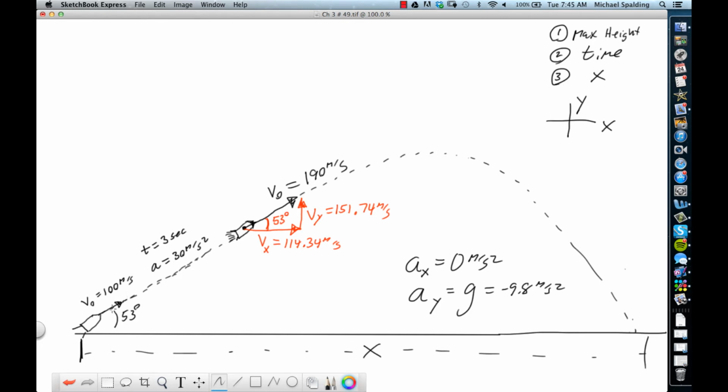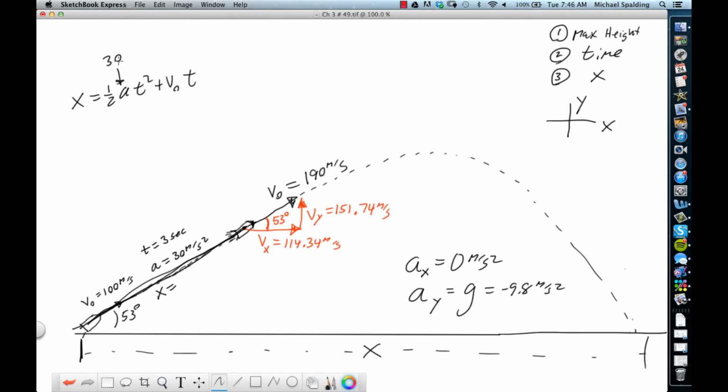So what we're going to need for this first part is the distance traveled before the engine dies. You know, what is this distance from here up to there? What is this straight line distance? So how can we get that straight line distance? I would just use, there's different ways, you could just go x equals 1/2 at squared plus v initial t.